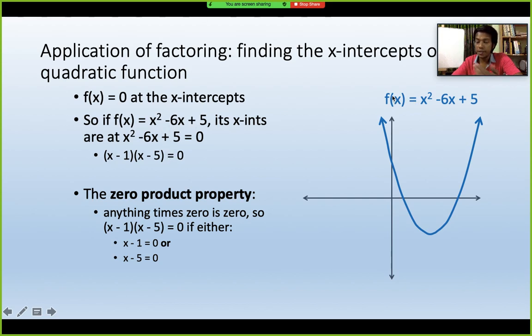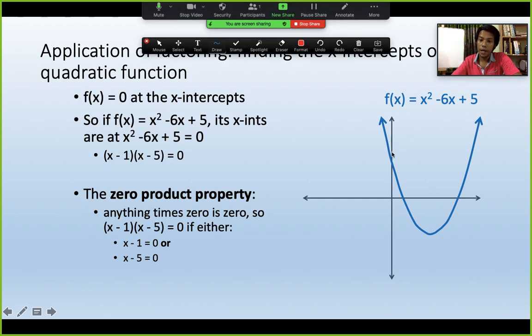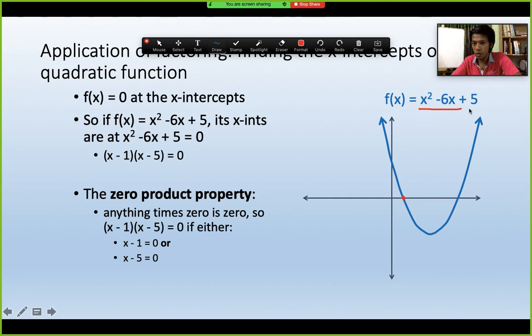Why all of a sudden do we need to factor these quadratic functions? The reason is we need to understand the x-intercepts of the function. This is the quadratic function, and this is the exact graph of this quadratic function.